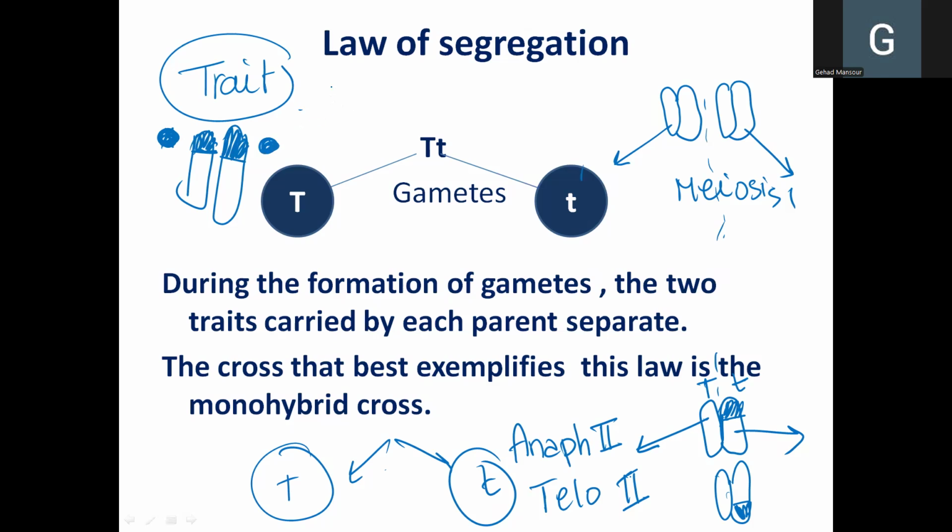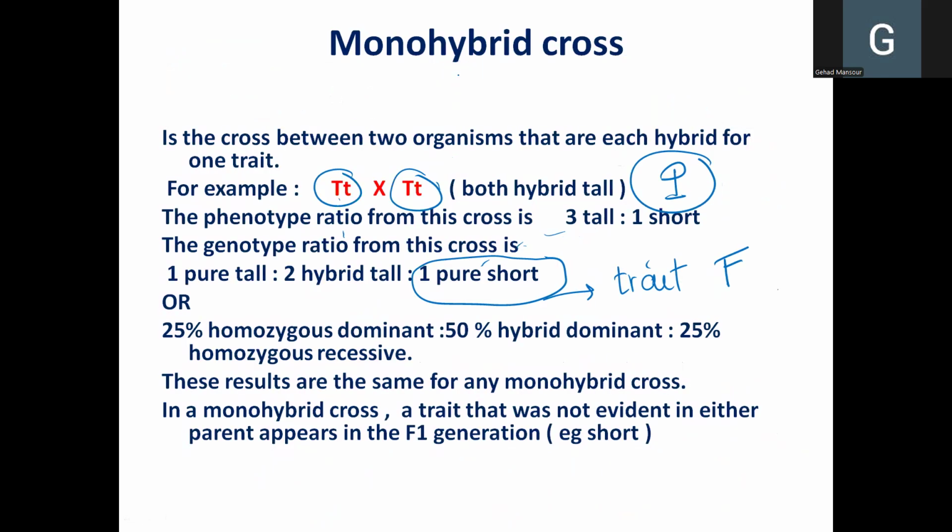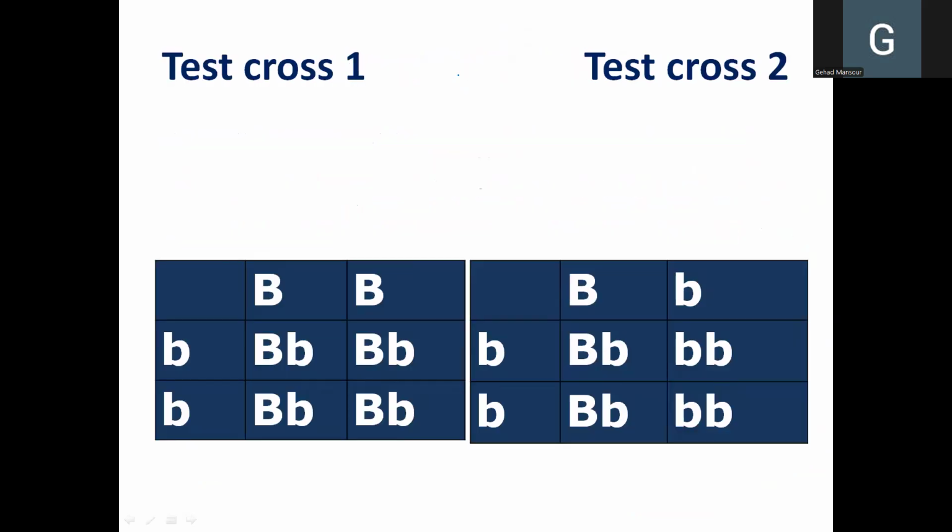The 2 alleles are different. So when tall plants, or plants with the dominant characteristic, give you recessive phenotypes in the next generation, this means that the recessive was hidden and it reappeared. And this led Mendel not only to the law of segregation, but to the law of dominance, and how the dominant trait masks the recessive trait.